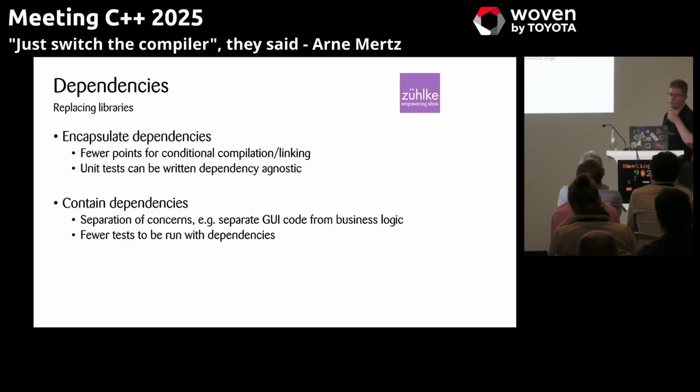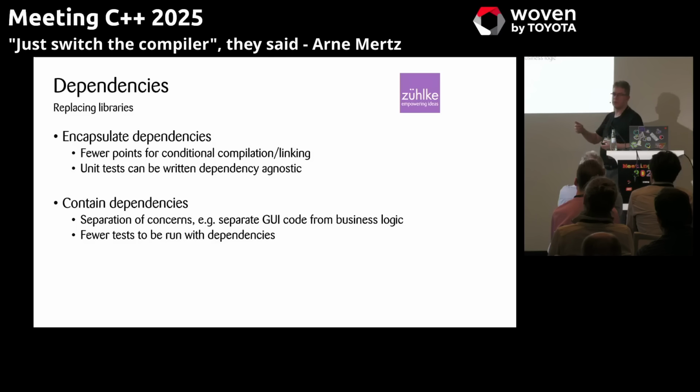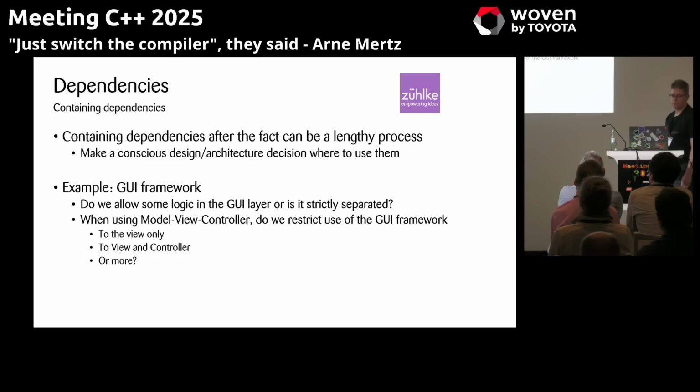So we have fewer points for conditional compilation and linking, and most importantly, your unit test in most cases can be written just against your business logic and don't have to care about is this Windows or is this Linux, because we don't want to have system calls in unit test anyway. And you have the separation of concerns, single responsibility, so separate things from each other that don't belong to each other.